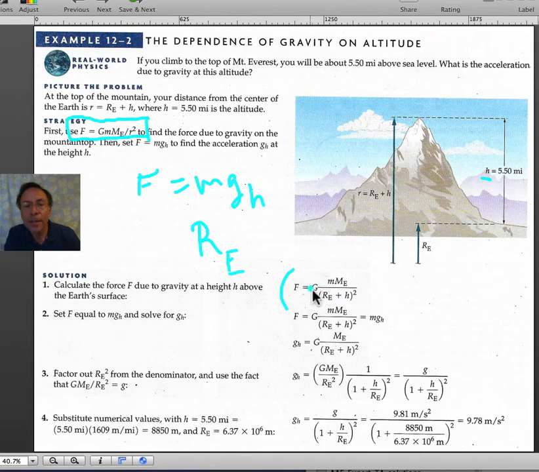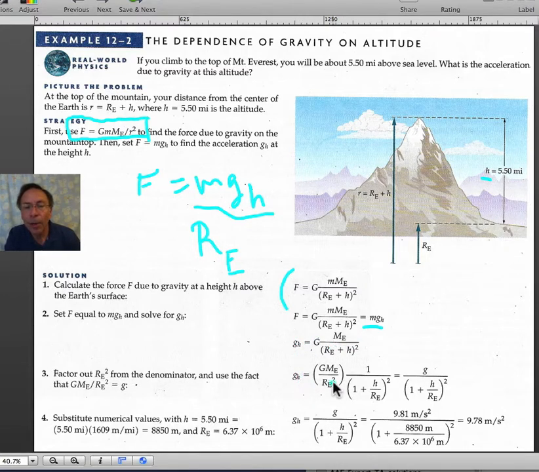Now, that's the downward pull of the Earth on your test object, and that's the same as mg sub h. So they've equated these two things. Notice that the little m's cancel, and you've got essentially the answer right here.